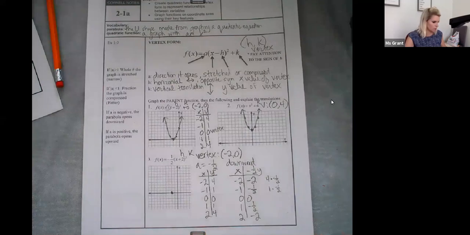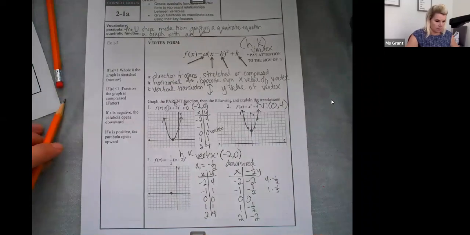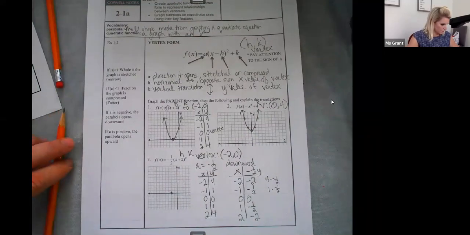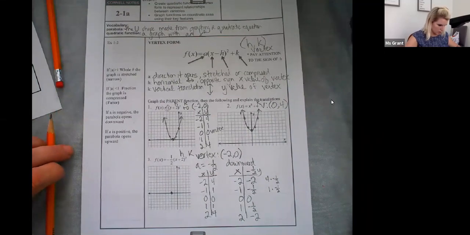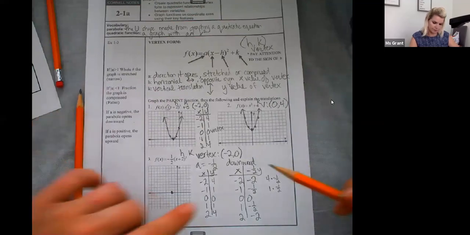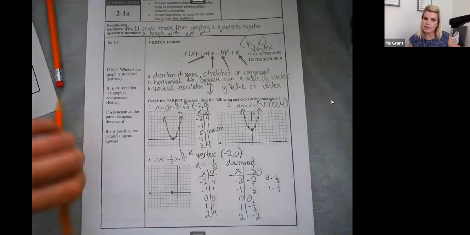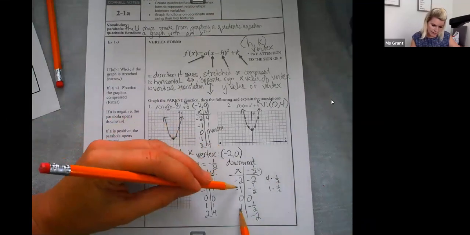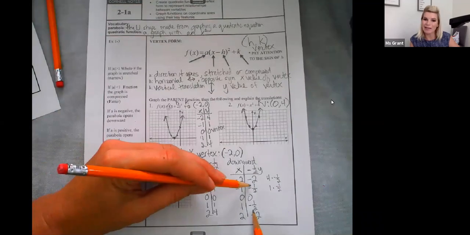Okay, so here we go. There's my parent function, okay? Downward, right here. From my vertex, I'm going to go 1 to the left and right, down 1/2.